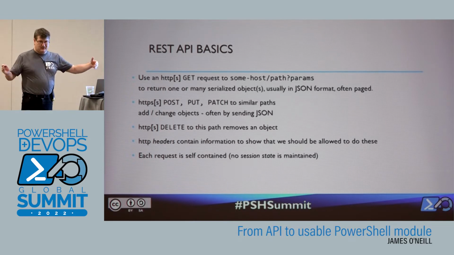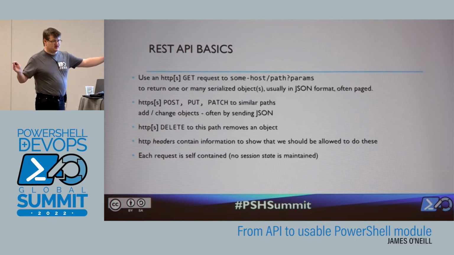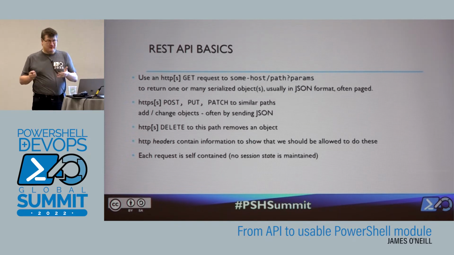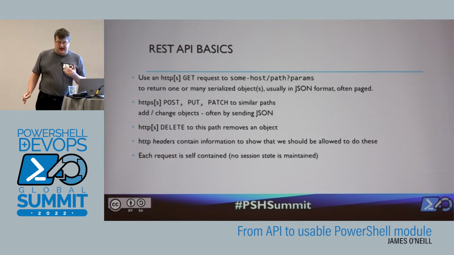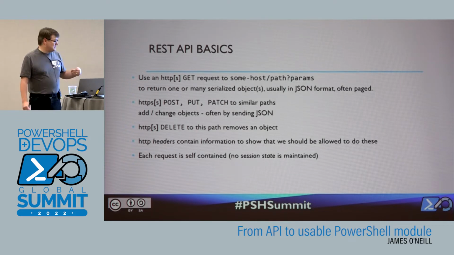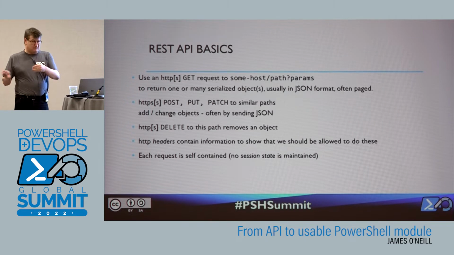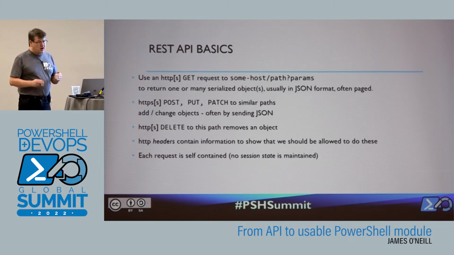The object comes back obviously in some sort of serialized text form. Usually that's JSON, but it could be any format. And if there are a lot of objects coming back, they're usually paged in some way. And one of the things that we have to do is to figure out, if we're getting multiple objects, do we have to get multiple pages and so on.